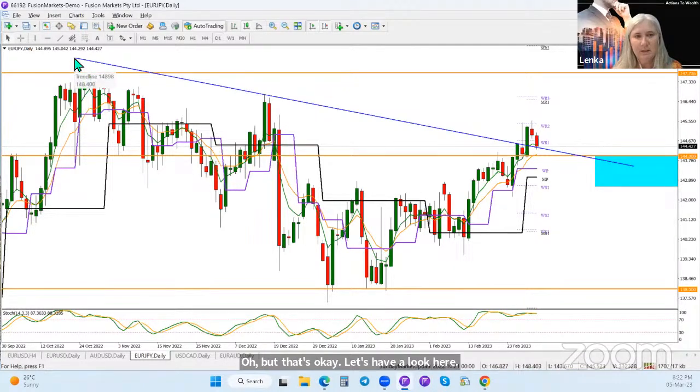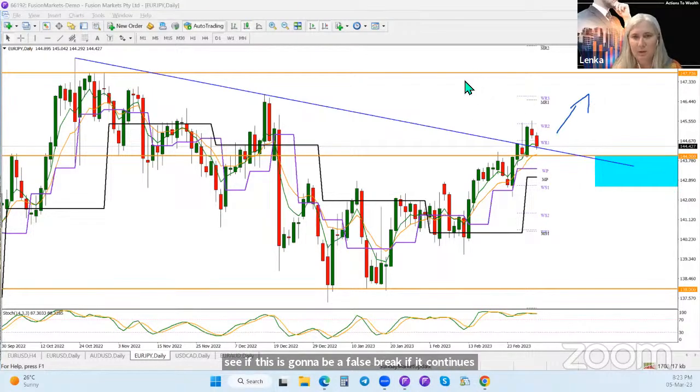On the daily, the last trend line is here. We have gone above. So again, I'm looking at this to see if this is going to be a false break. If it continues going in the same direction, then no problem. I'm not interested. That's not my trade setup.